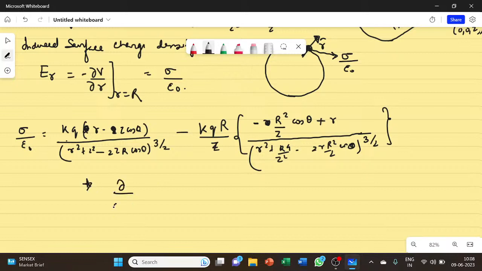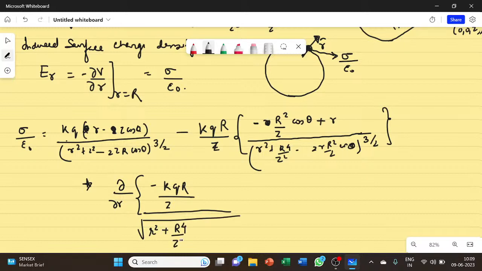So we want to find del by del R of minus of KQ R upon Z, this whole divided by root over small r square, then plus r to the power 4 upon z square minus 2r square upon z cos of theta. So I want to differentiate.